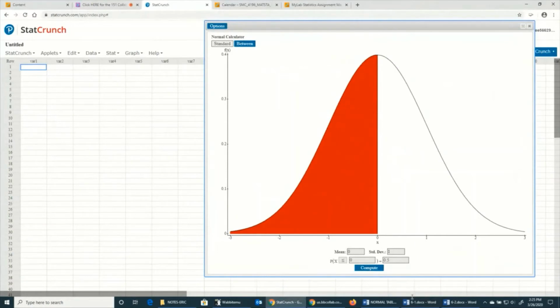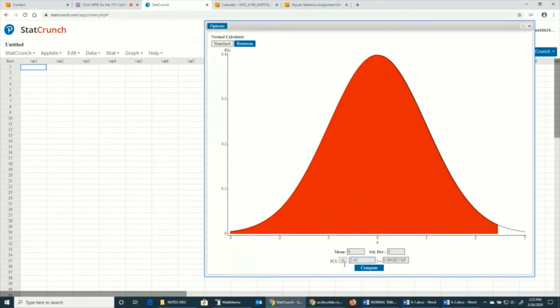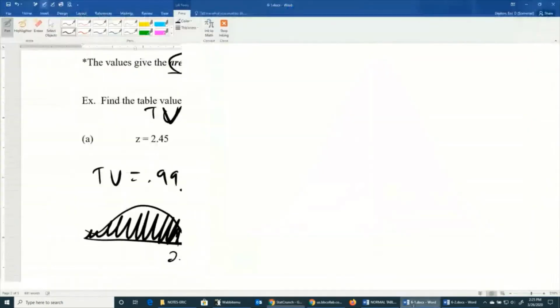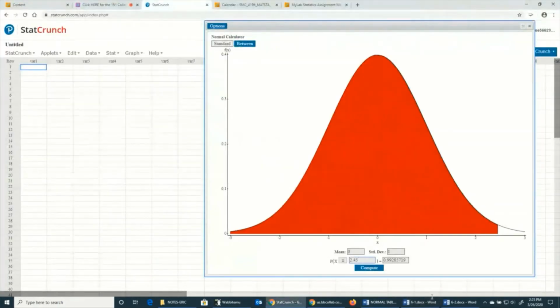So I'll keep it like that and type in 2.45 where we have that value, and hit enter. What do you see? You see the same curve I drew, only better, and you see the table value 0.9929. It's right there when you round off correctly.